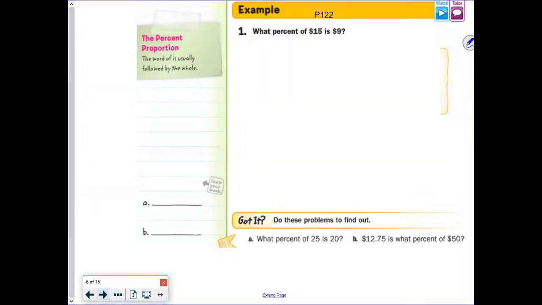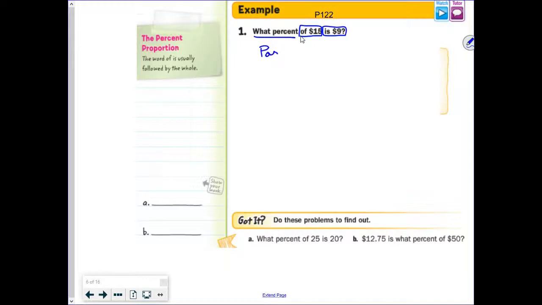It says, what percent of $15 is $9? So of $15 indicates that that's the whole, is $9 indicates that that's the part, and you can see that we are missing the percent.